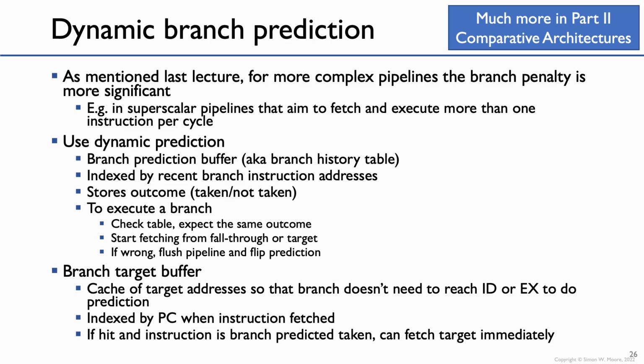And it's just indexed by the program counter value or a hash of the program counter value in instruction fetch. And if we hit in the branch target buffer, then we can predict where the branch is likely to go. Anyway, as I said, far more details in comparative architectures.